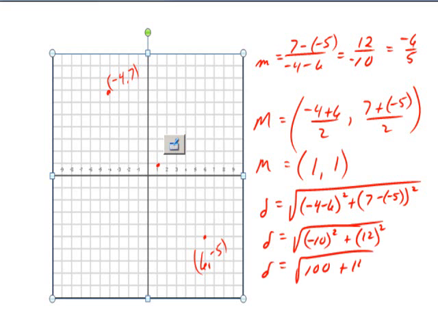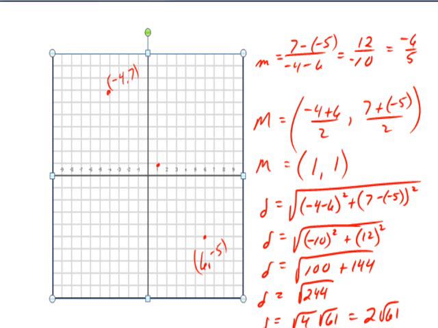Square root of 100 plus 144, or the square root of 244. If we break down the square root of 244 into the square root of 4 times the square root of 61, we get 2 root 61 in simplified radical form.